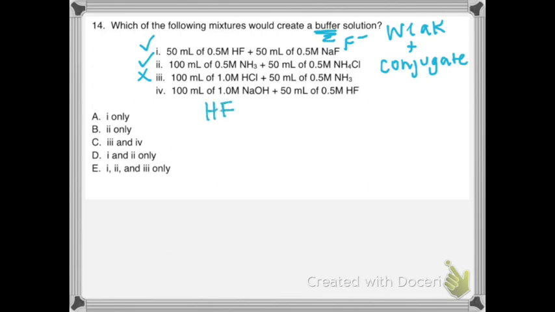We'll have HF and again, for the strong base, I'm just going to write OH minus. That will react to form F minus and water. With the reaction, I'm going to compare moles again and make an ICF table.